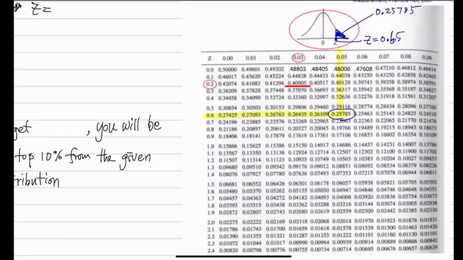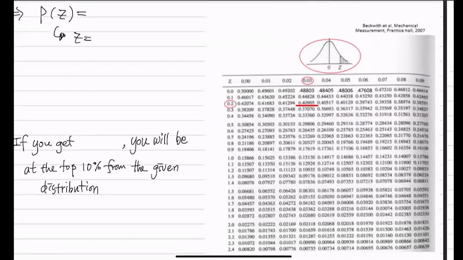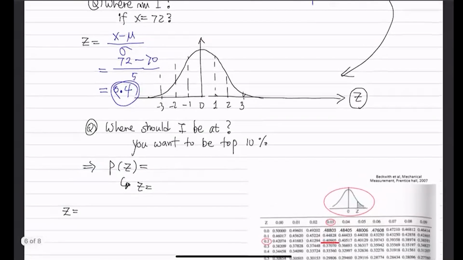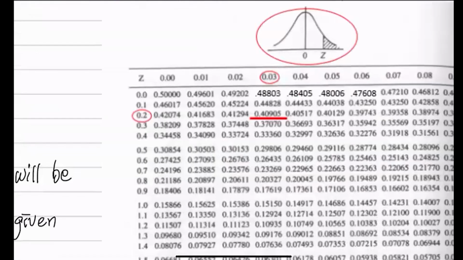Okay, so in our case, our z was what? It's 0.4. So what shall we do? We look for 0.4, which is 0.40. So it's going to be this value. So if your z were 0.4, then this colored area is going to be 0.34458.